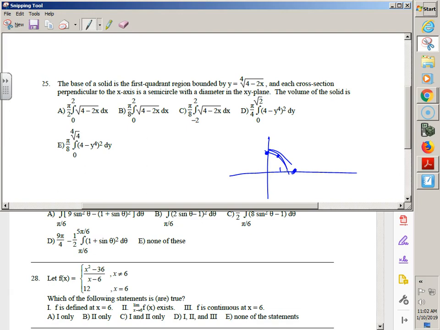Okay. What do I know about the cross sections? I know it goes up to 2, starting at 0. And I know that I am slicing it perpendicular to the x-axis, which means dx or dy? Yeah, my thickness is going to be dx. Good.